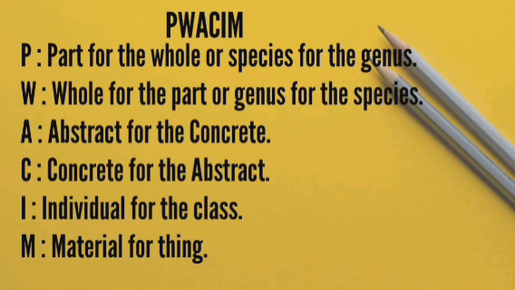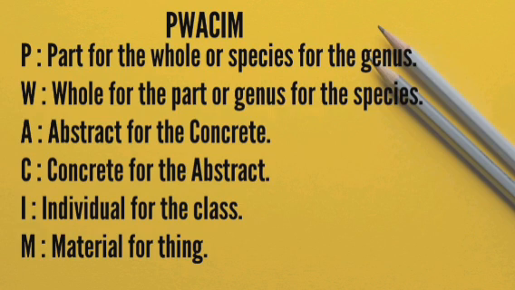So it is the abstract for the concrete concept. Okay, it is the variety of the abstract for the concrete. Clear? So the next one is C. Exactly the opposite thing. Concrete for the abstract.